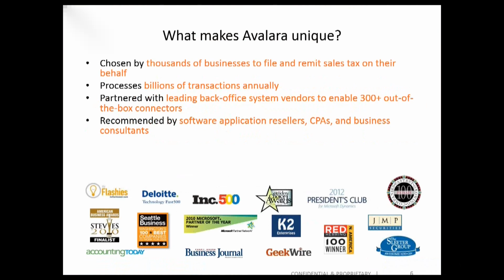We partner with several companies, and one of the things that we really focus on is establishing out-of-the-box connectors. That's one of the goals with this partnership with DM2: to make sure that a lot of time and energy doesn't have to be spent on establishing connectivity between a back office application and the tax application that a customer may select.